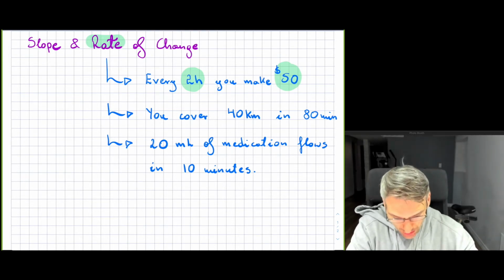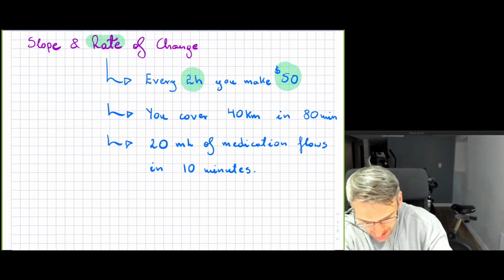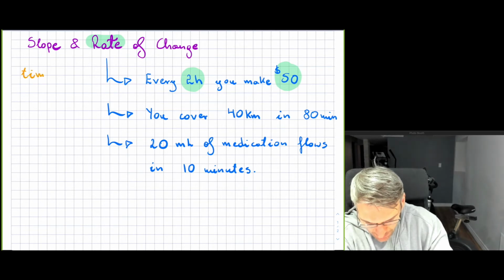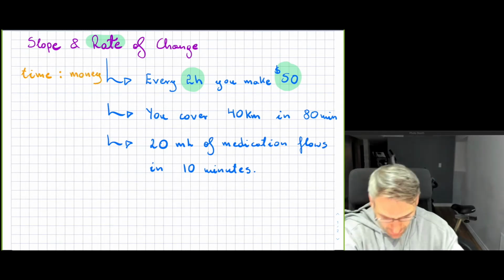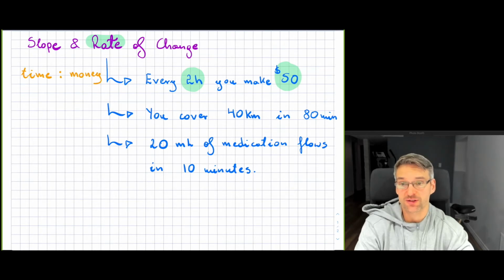So the first rate is basically a comparison of time to the amount of money. I'll just put money here instead of writing amount. So we have those two quantities as a comparison between each other, and we know that every 2 hours we would make $50.